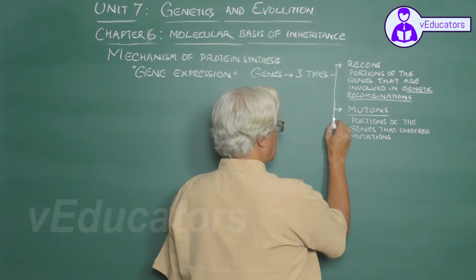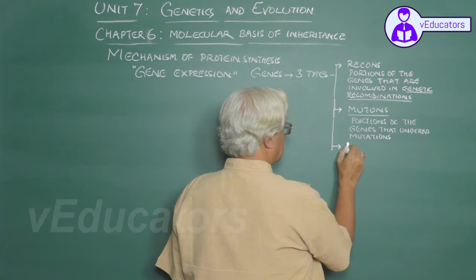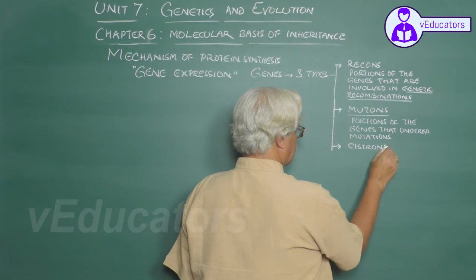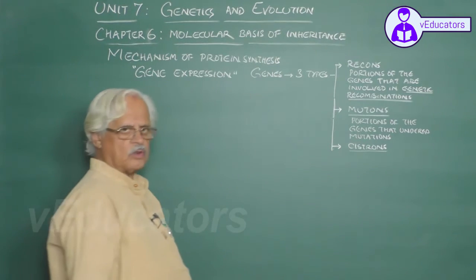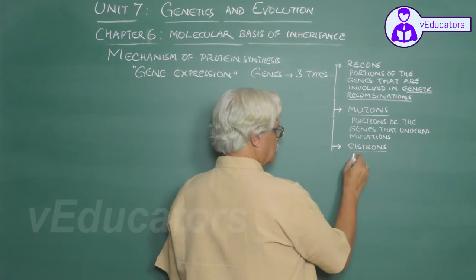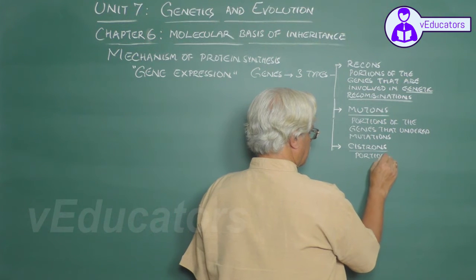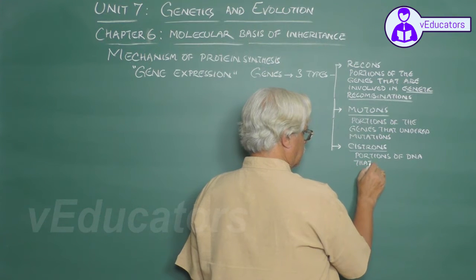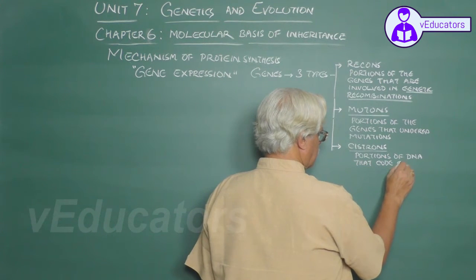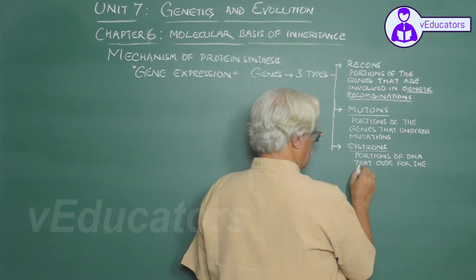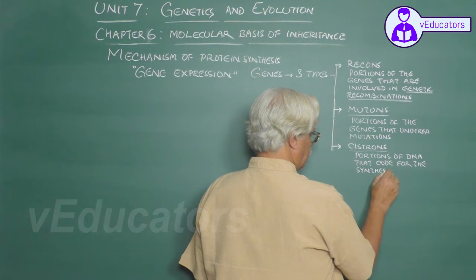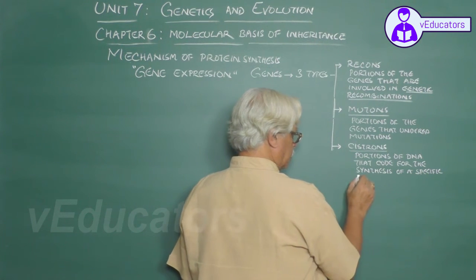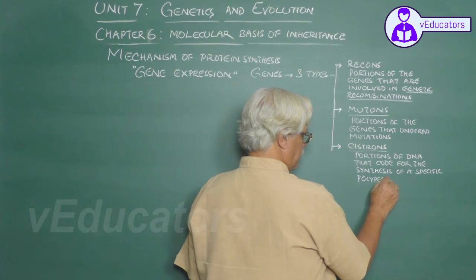And the term cistrons is used to describe portions of DNA that code for the synthesis of a specific protein molecule or a polypeptide.